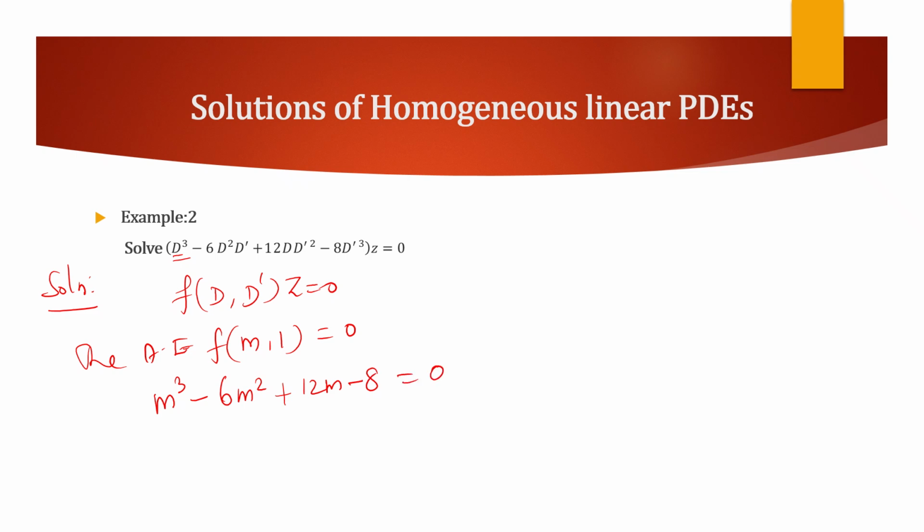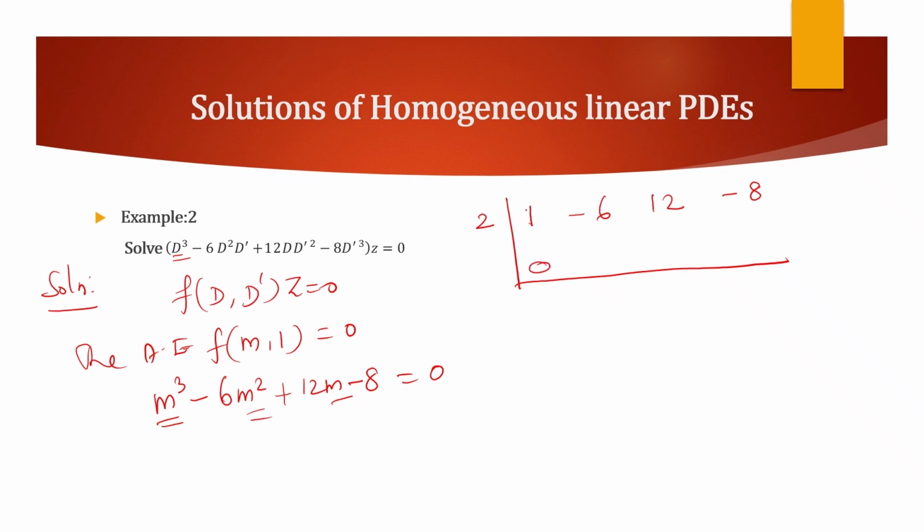Here we have a cubic equation, and for solving this we can follow synthetic division. Using synthetic division, we write the coefficients of all the terms: 1 for m cube, minus 6 for m square, 12 for m, and the constant term at the end. Now I'm going to solve this. Since the constant is even, I'm going to check whether 2 satisfies this or not.